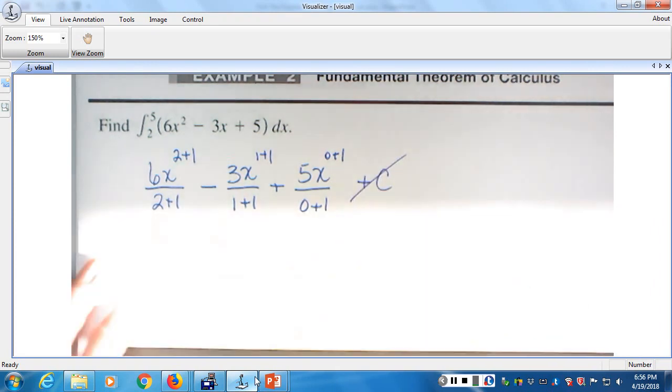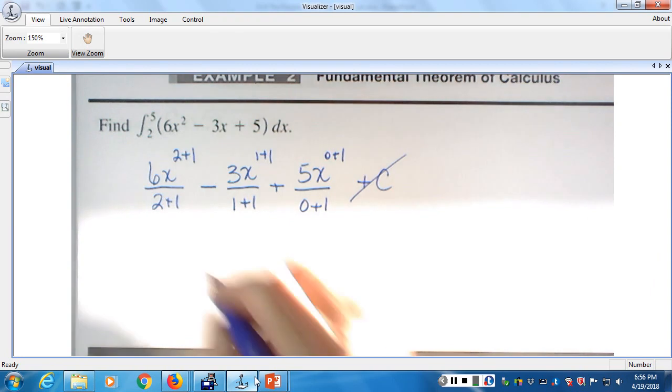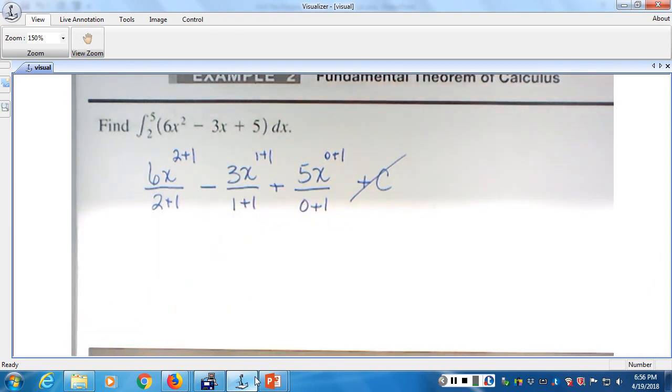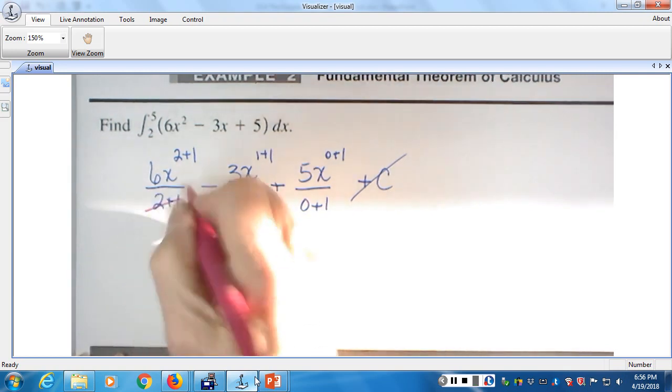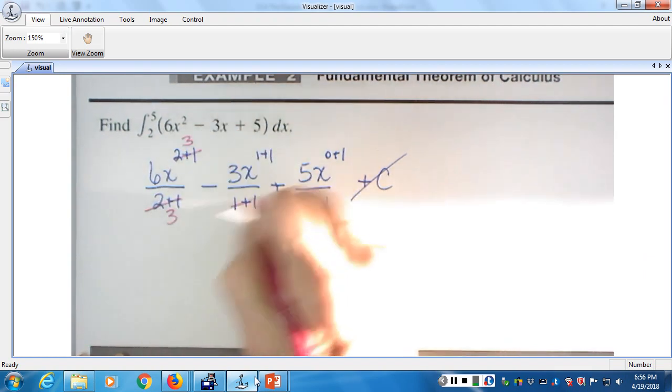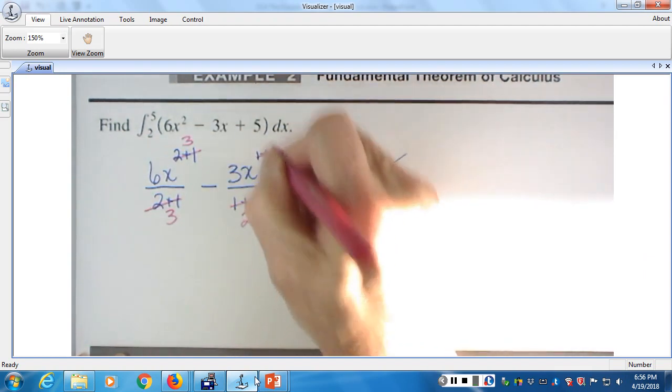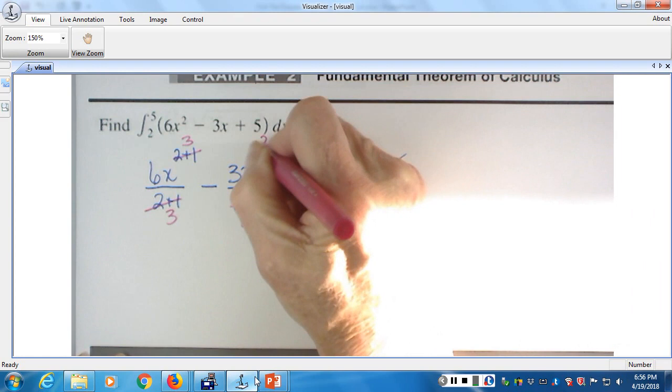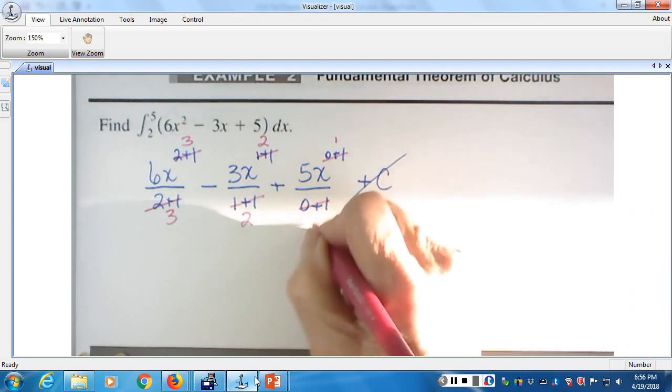And remember, we won't really need that constant, but normally you would have the constant if you didn't have the limits. So that's 3, that's 3, that's 2, that's 2, 1, and that's 1.